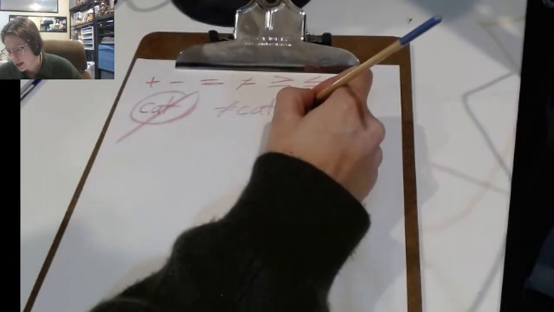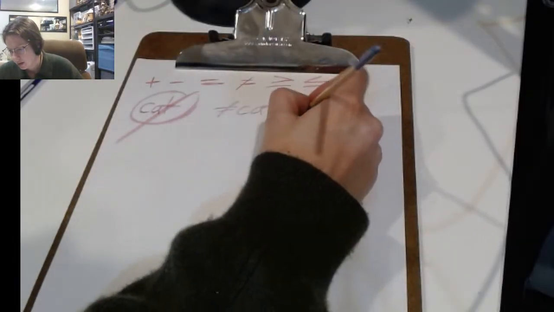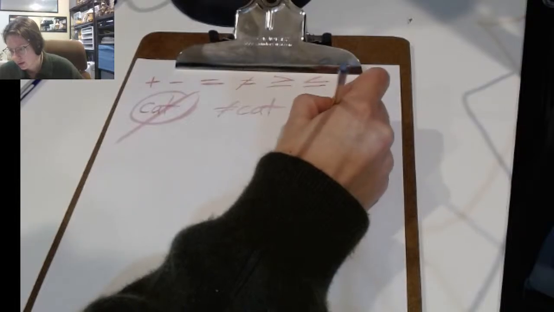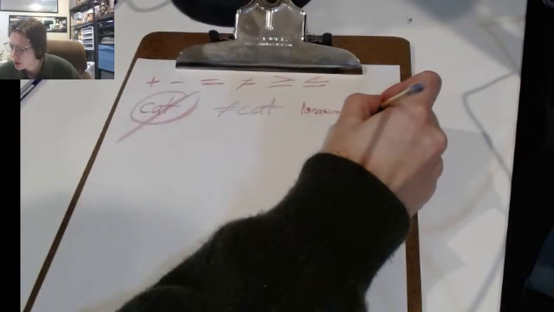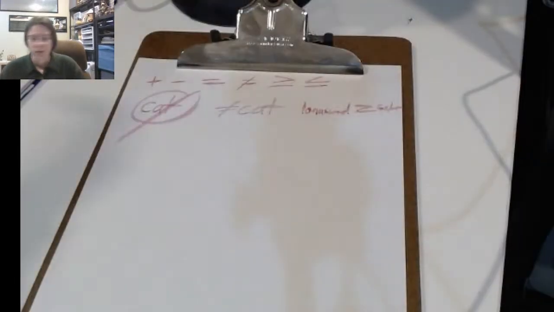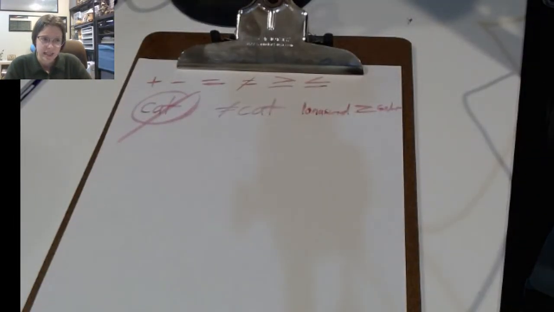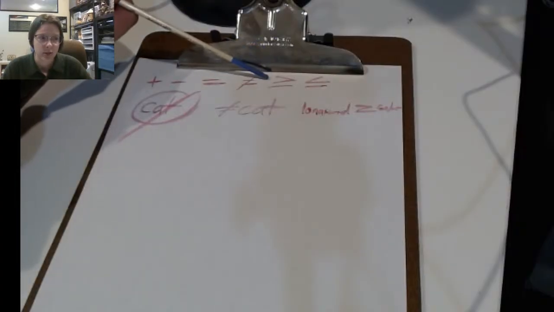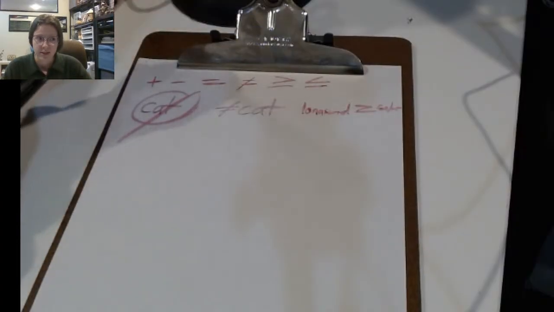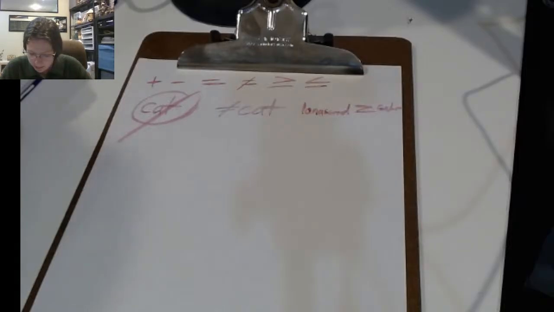So you could say long sword would be greater than or equal to saber. Something like that, which would indicate more than just a mathematical relationship. You can also use it to indicate magnitude or goodness or anything like that. So these are good ones to add to your catalog of symbols if you don't already use them.